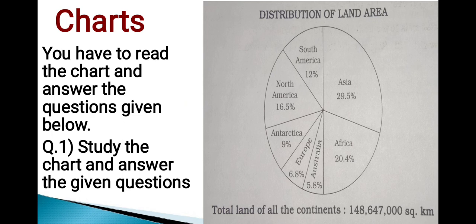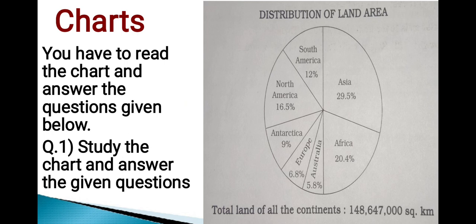Next topic to be studied is charts. In this topic, students, you have to read the chart and answer the questions given below. Here is the question. Study the chart and answer the given questions. We can study this chart of the distribution of land area among various continents. We can see the Asian continent acquires 29.5% of the total land.